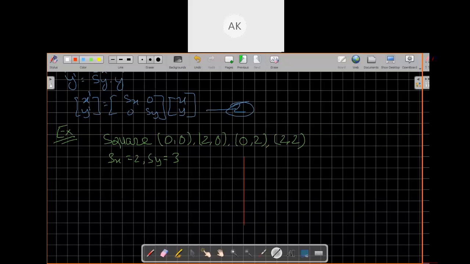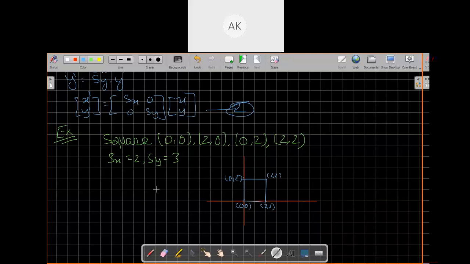Let's take one example and see how it's done. Take a square with coordinates 0 0, 2 0, 0 2 and 2 2. The scaling factors are given: sx is 2 and sy is 3.